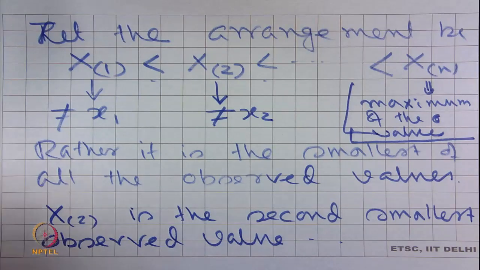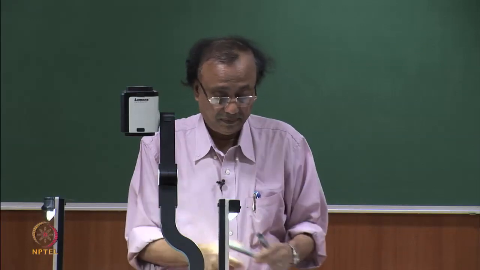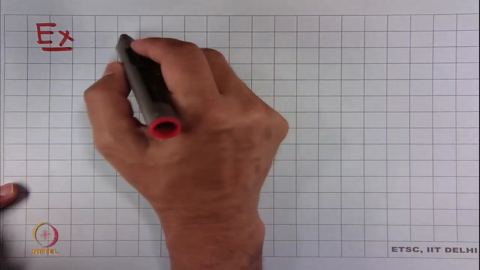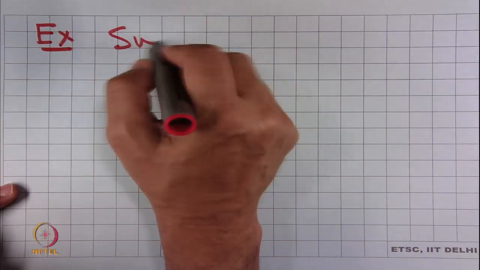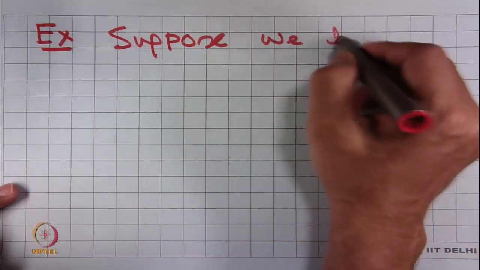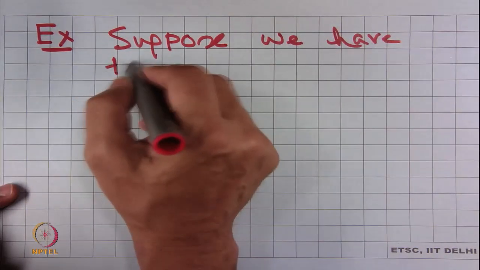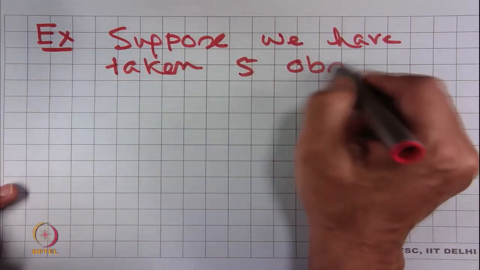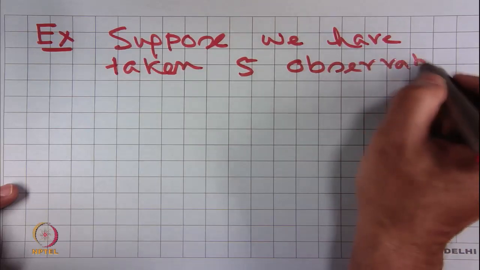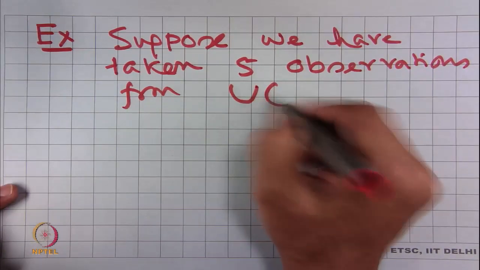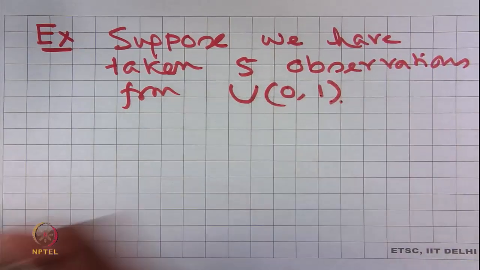Okay. So, let me give you an illustration. Suppose we have taken five observations from uniform 0 1.